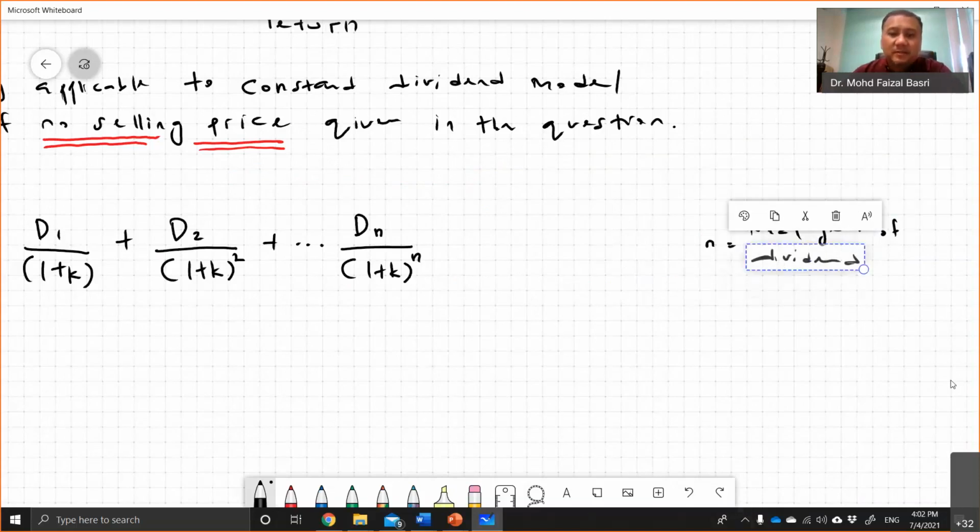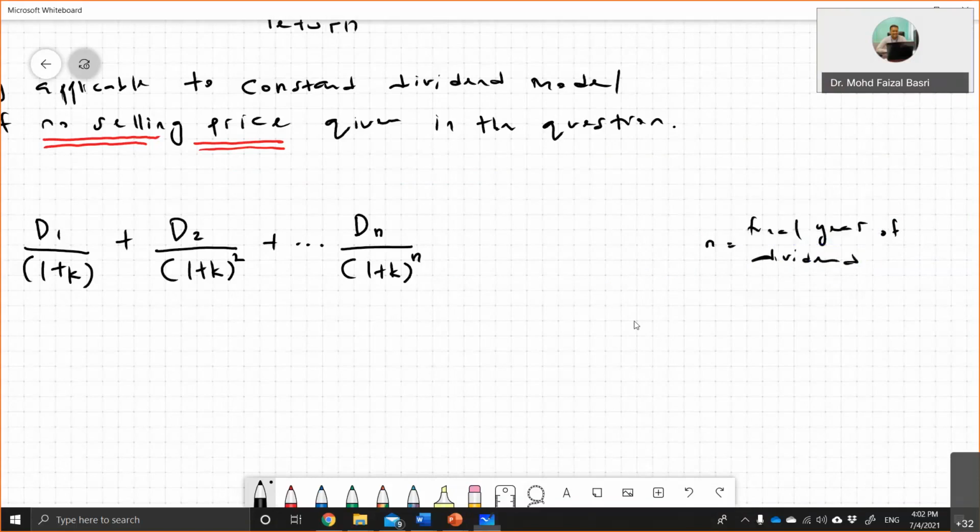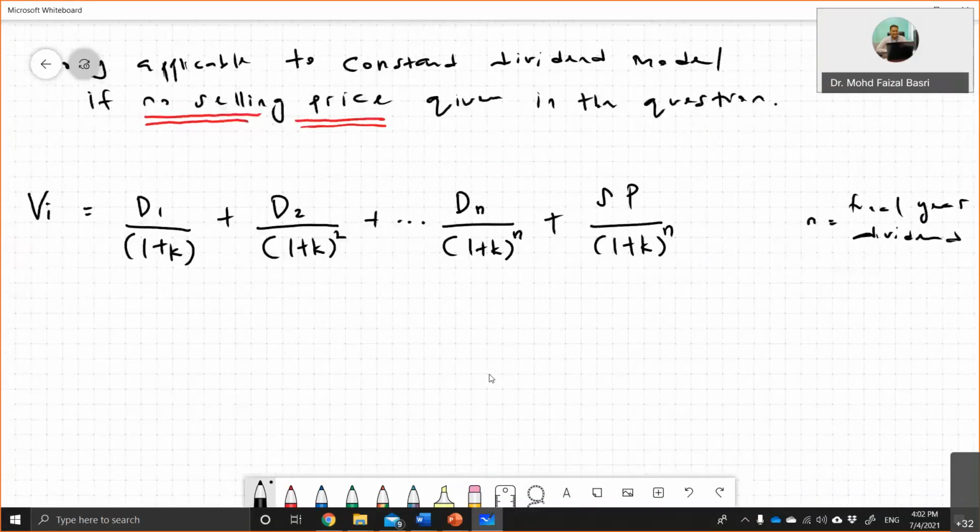Because we have another element besides the dividend, you remember? We have the selling price. The selling price is divided by 1 plus K to the power of n as well. So this is the formula. Remember, D1 is not D0. D0 is the current year.